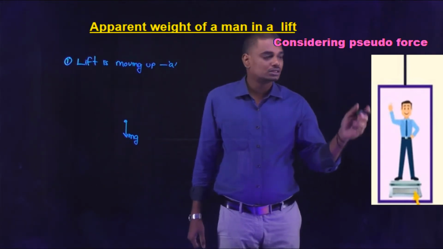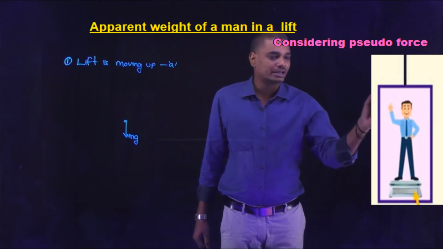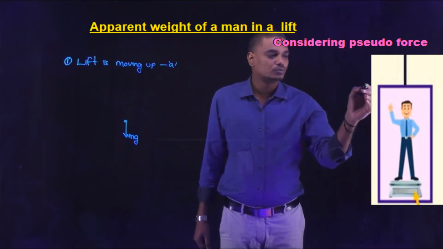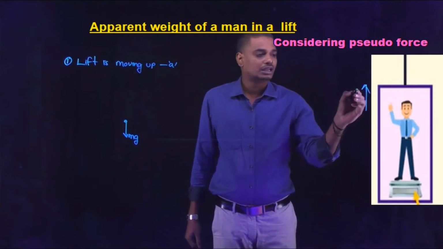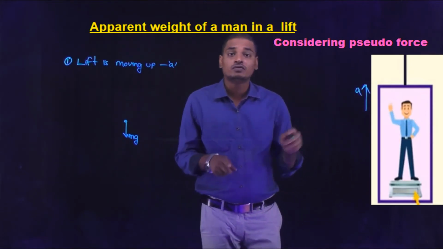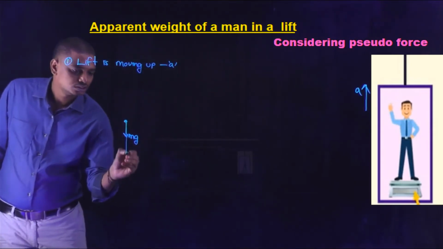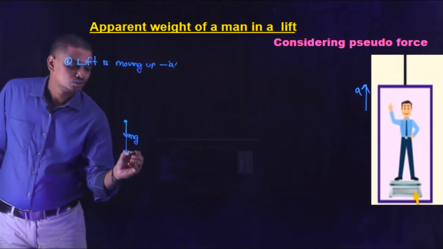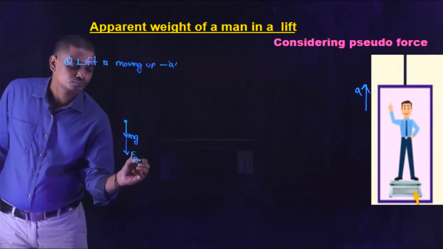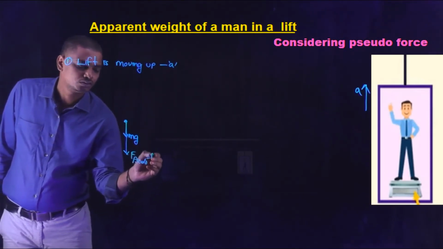As the lift is moving upward with an acceleration a, the pseudo force will be in the downward direction. So pseudo force is equal to ma.